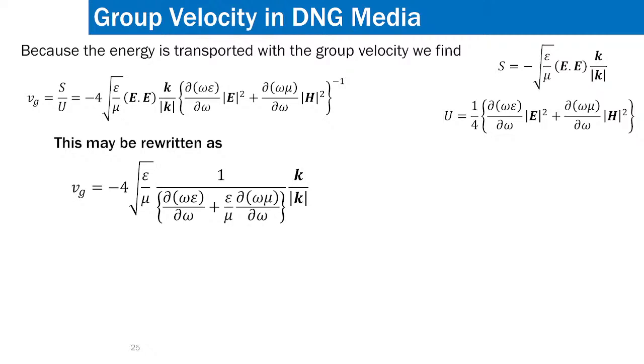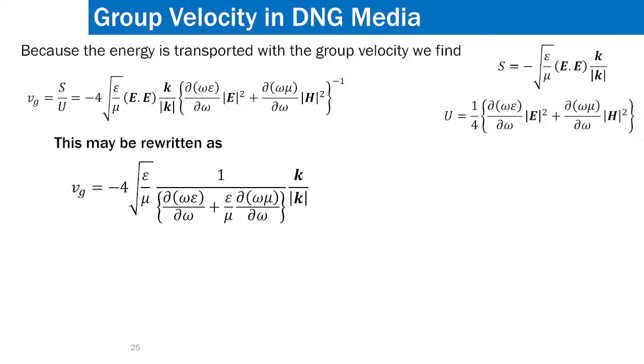Second will be absolute E square, then absolute H square inverse. So E by H as square. E by H we know is root of epsilon by mu. So put that, then Vg is equal to minus 4 root over of epsilon by mu into 1 upon dou by dou omega of omega epsilon plus epsilon by mu dou by dou omega of omega mu, that into k upon absolute k. So this is the group velocity.